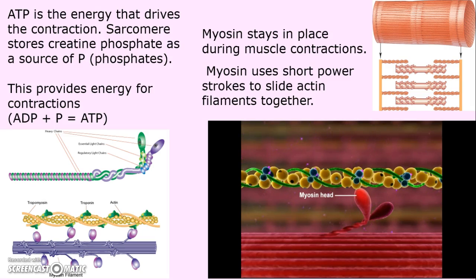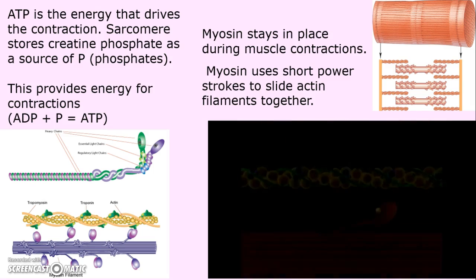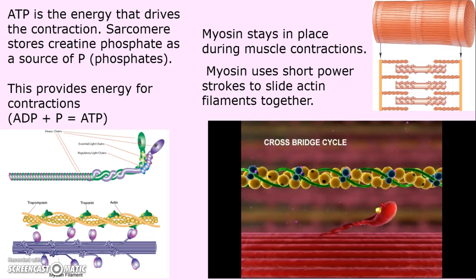It's temporary because remember, we want a power stroke to force the actin to slide. There's ADP, that's low energy, but then creatine phosphate, which our bodies naturally release from the sarcomeres, is going to create another phosphate, and now we can get that power stroke and force the actin to slide along.